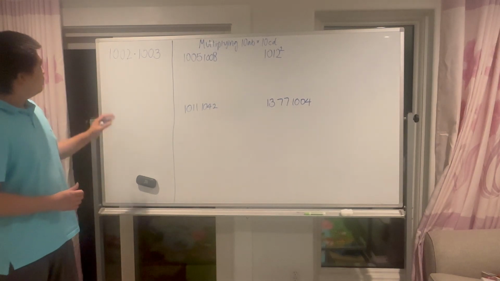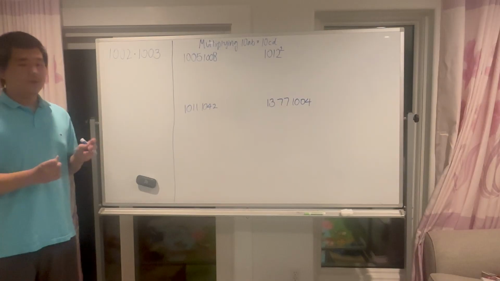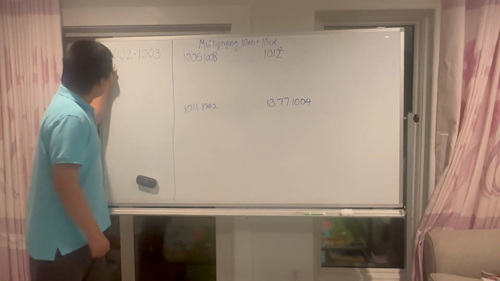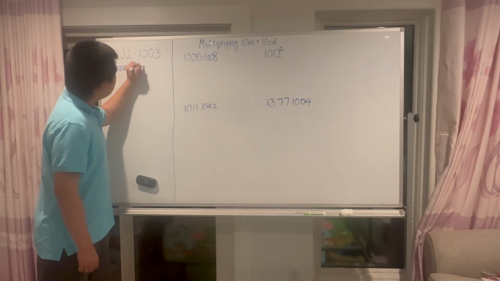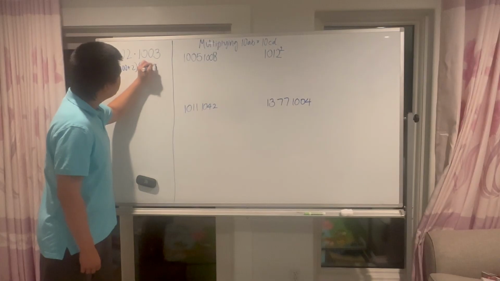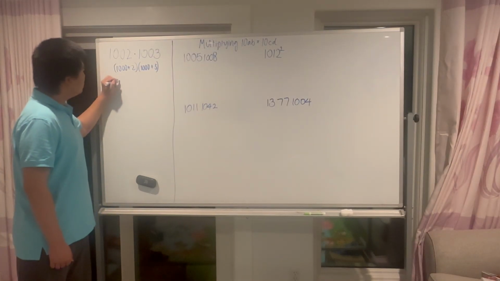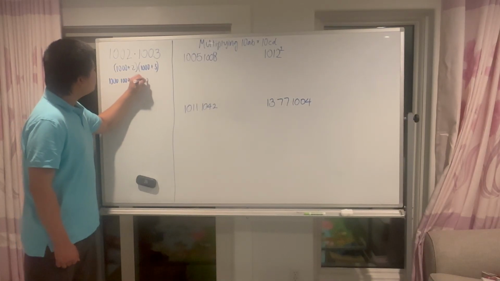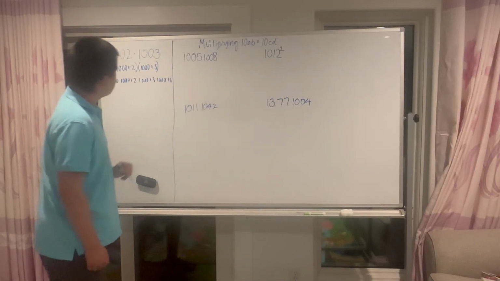So, 1002 times 1003. If you watched that video, you'll know that we always start these problems by using FOIL. We FOIL this as 1000 plus 2 times 1000 plus 3. Now when we FOIL this, we get 1000 times 1000 plus 2 times 1000 plus 3 times 1000 plus 6.